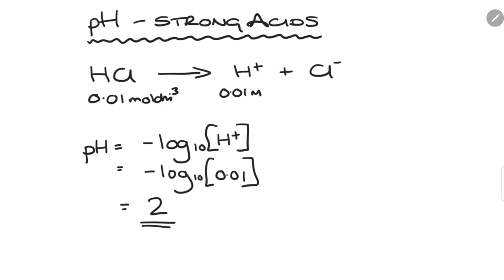So a 0.01 molar solution will end up having a pH of +2. And it's worth trying to practice on your calculator, depending on which type of calculator you have, to make sure you can enter the key presses in the correct order for that. So 0.01 molar solution will give you a pH of 2.